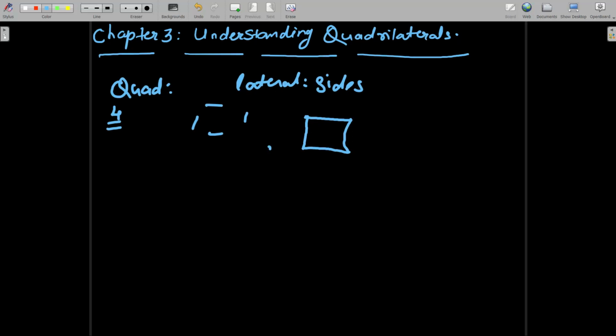Another important property of quadrilateral is the angles. When you sum all these angles, the sum is always equal to 360 degrees. This is a very important point everyone should remember: the sum of all angles of a quadrilateral is 360 degrees. Why?